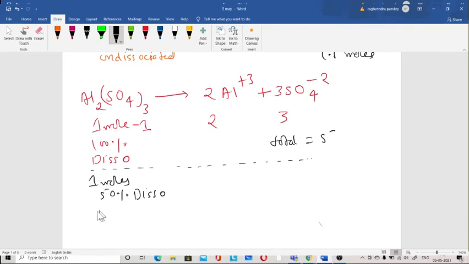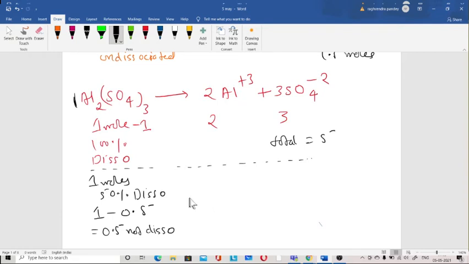So out of 1 mole only 0.5 will dissociate and 0.5 will not dissociate. Now you see 1 is giving 2 of aluminium plus 3 ion and 1 is giving 3 of sulfate ions.